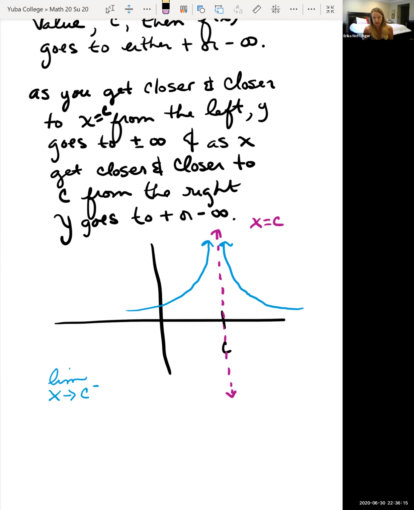Before we were looking at negative and positive infinity. Now we're talking about c. x is going towards c. This minus right here that I'm putting, that looks kind of like an exponent, is telling me which side I'm approaching from. I'm approaching the left of a number. Think of it as the negatives being on the negative side. So approaching on the left.